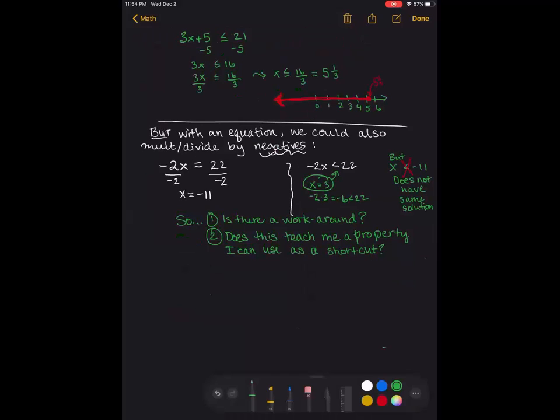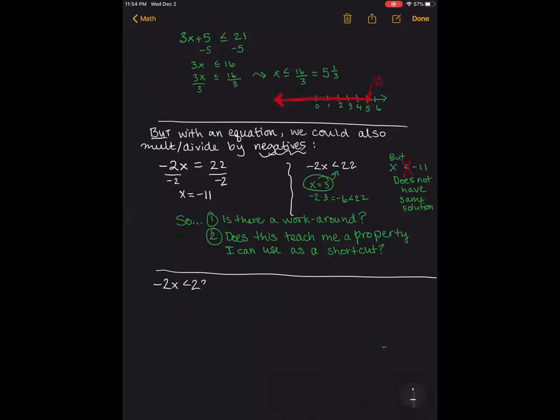So here's the workaround. Negative 2x is less than 22. We may not be allowed to divide by negative numbers, but we are allowed to add or subtract anything, whether that quantity is positive or negative. 2x is a number. I can add that expression 2x to both sides of the inequality without fail.